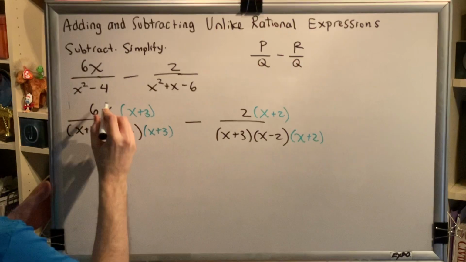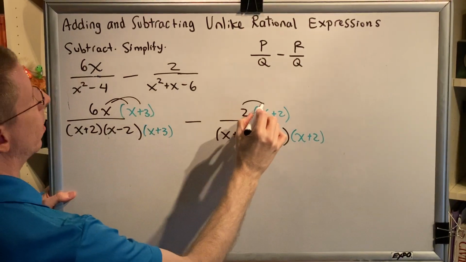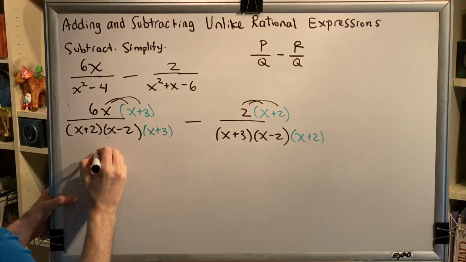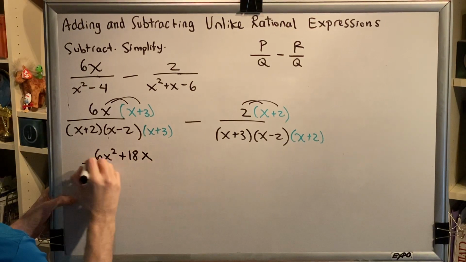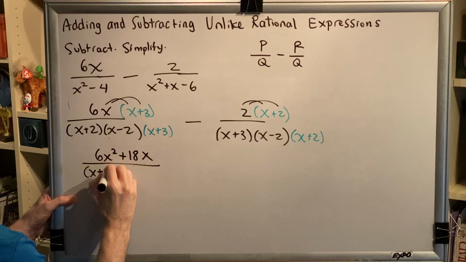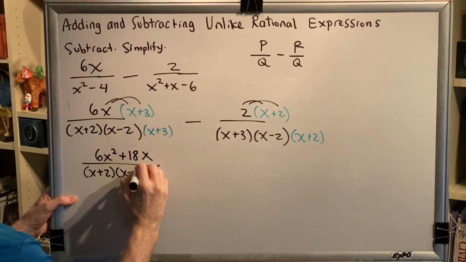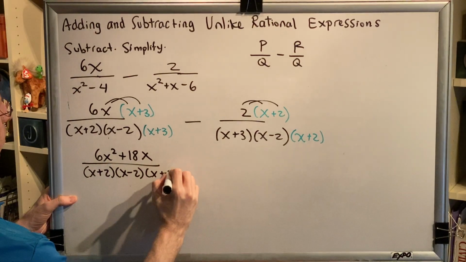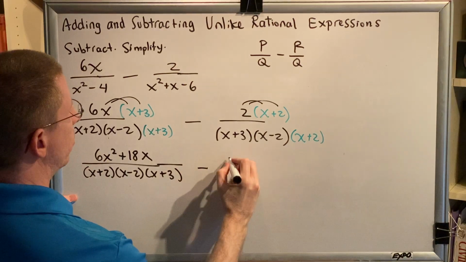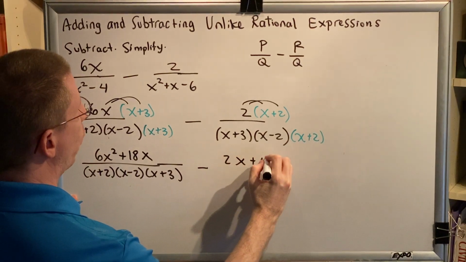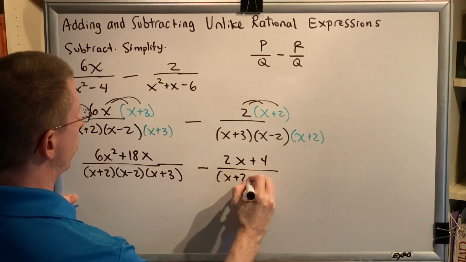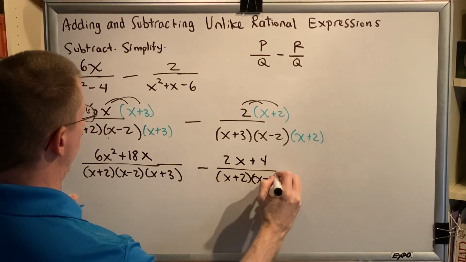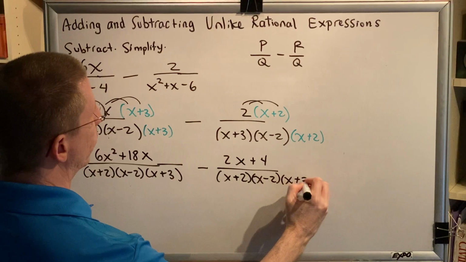But before we do that, we need to distribute here and here. So we get 6x squared plus 18x over our common denominator of x plus 2, x minus 2, x plus 3, minus 2x plus 4 over our common denominator of x plus 2, x minus 2, x plus 3.